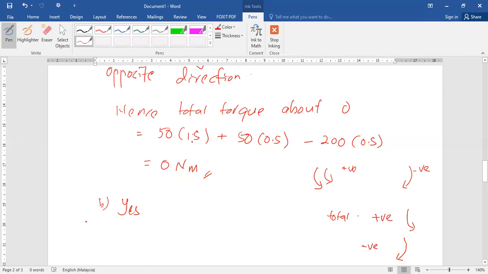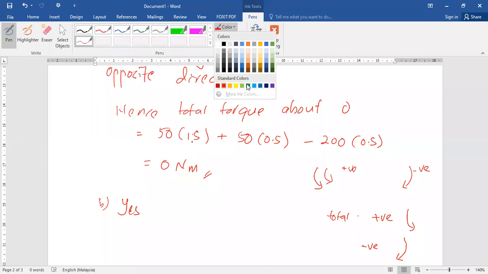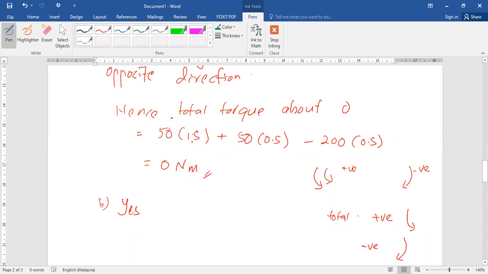So now if we wish to find out the R, we can set that the total clockwise moment plus the total anti-clockwise moment will be equal to how much?